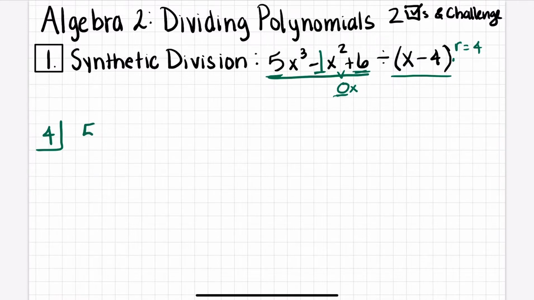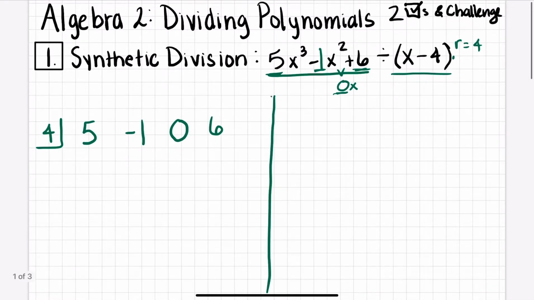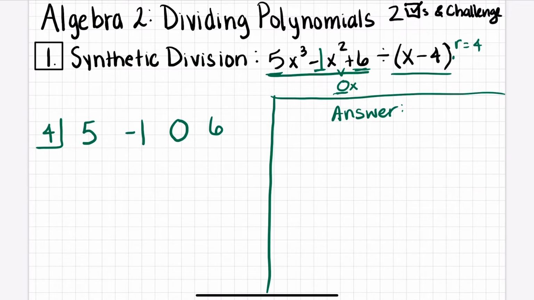So we're just going to write them to the right side of the balcony: 5, -1, and then again, like I stated, there's no x, so we're going to put in a 0. And lastly, 6. We're going to leave space because this is where our answer is going to go. This is also going to serve as our example problem, so make sure you pay very close attention.